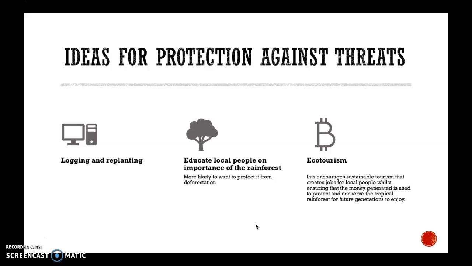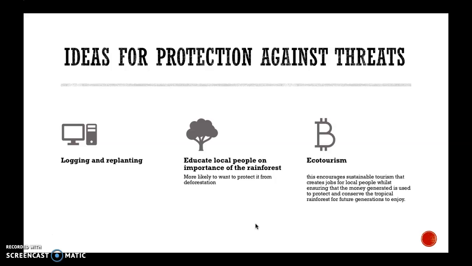But also, it's very important to educate the local people on how important the rainforest is, because I don't believe the local people know enough about the rainforest. They just do their thing and let people in, or do it themselves, especially the farmers. So if we educate them on how important it is, they're more likely to want to protect it from deforestation.